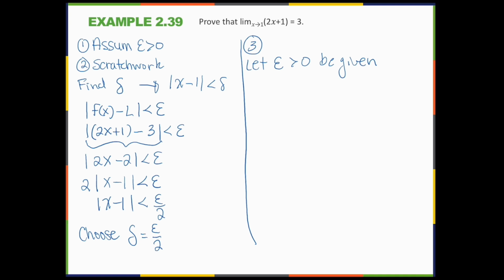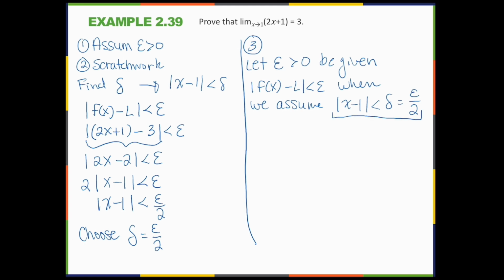And we want to show that |f(x) - L| is less than epsilon when we assume that |x - 1| is less than delta, which we said is epsilon over 2. So we're going to assume that this is true, and we want to show that |f(x) - L| is less than epsilon.